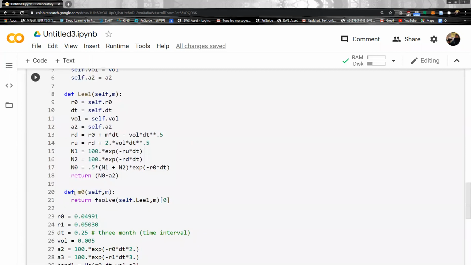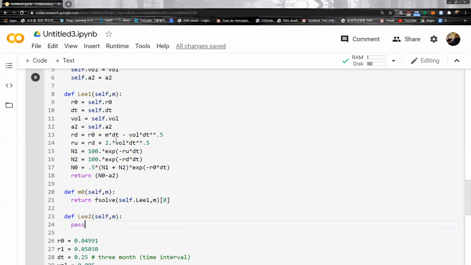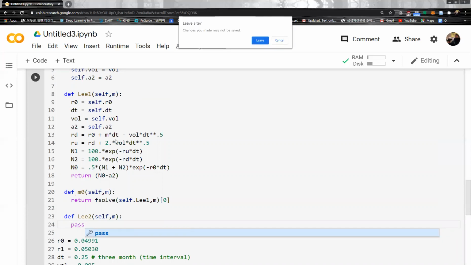In order to find the path of the interest rate that is consistent with this one, let me create another one. Here, definition of Li2, and then self M for the time being, pass, because again we need the initial value.